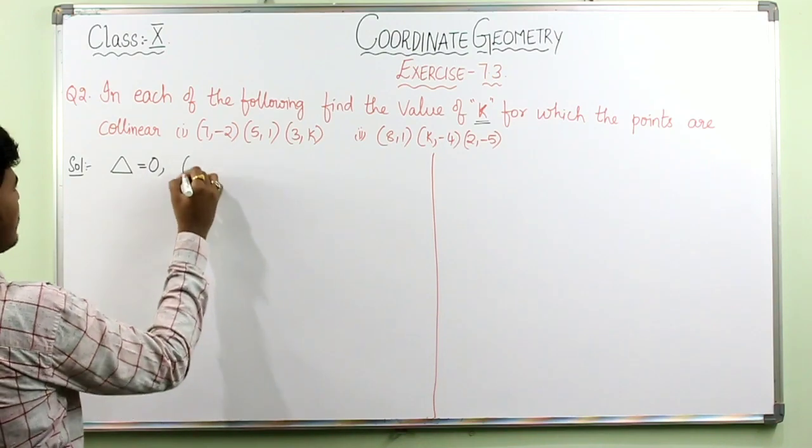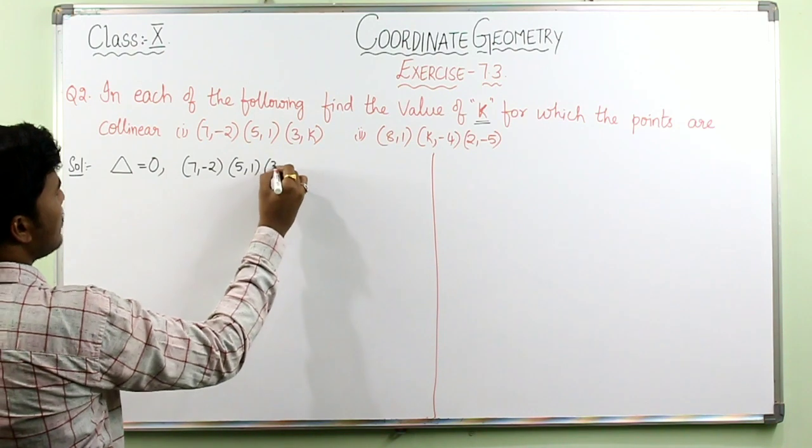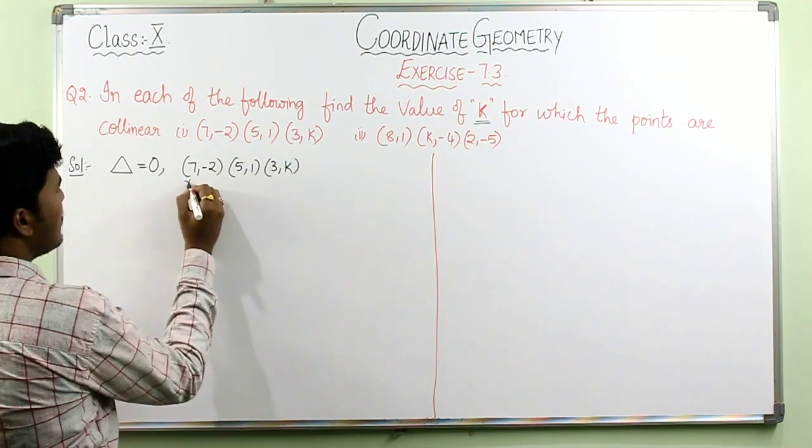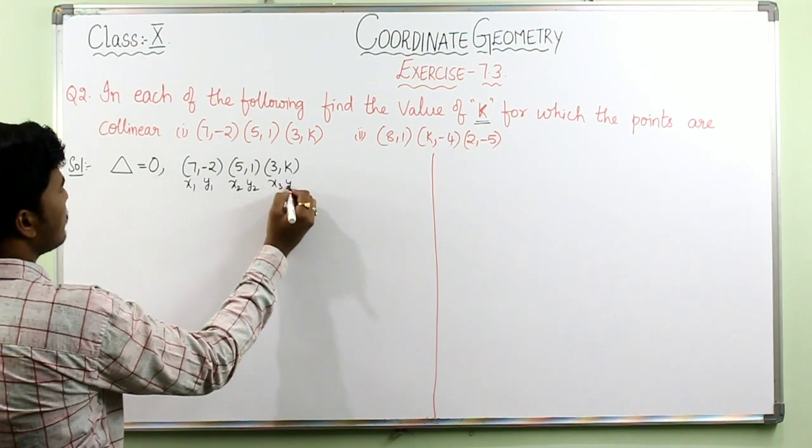So we will consider the points as 7 comma minus 2, 5 comma 1 and 3 comma k. Name those as x1 y1, x2 y2, x3 y3.